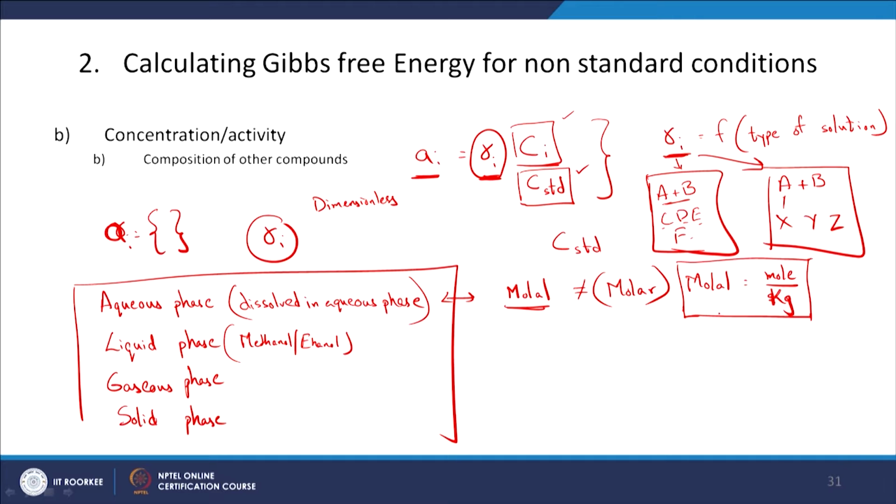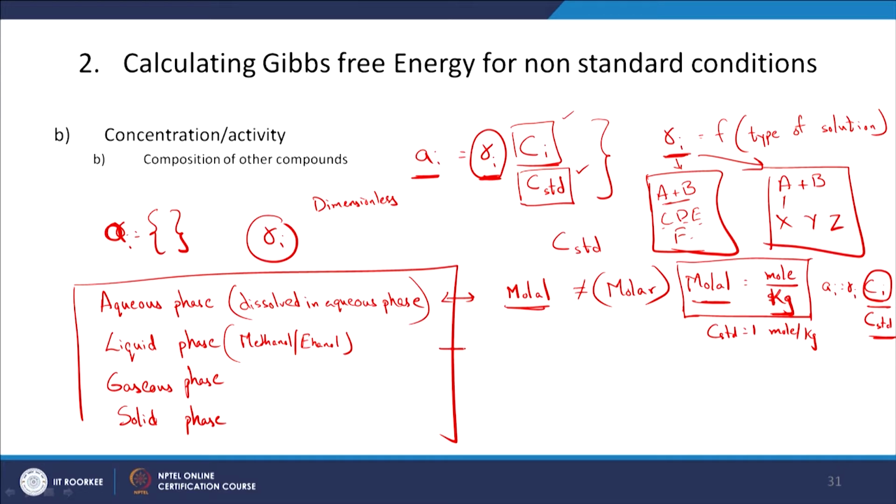So whenever you are calculating your activities, the activity of i equals the activity coefficient times Ci. The Ci needs to be in molal units, and C standard is defined as 1 in molal units, mole per kg, and thus you are going to have a dimensionless value here.